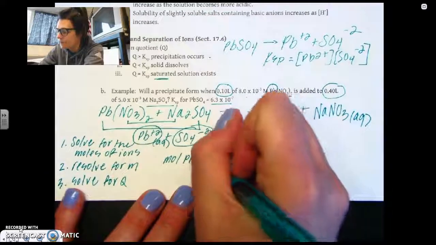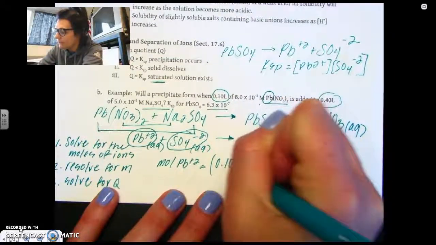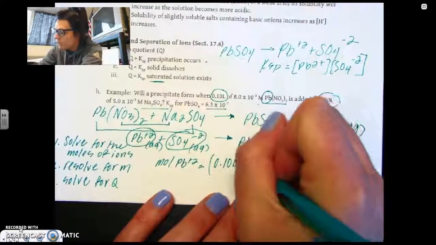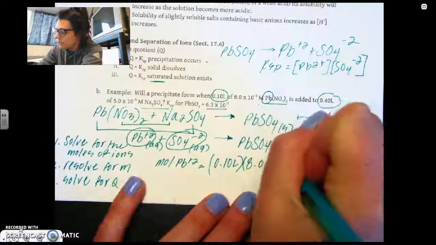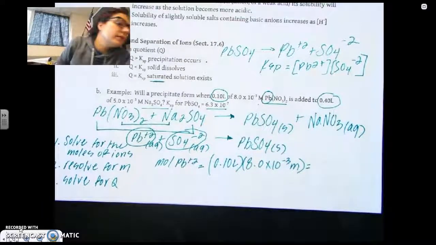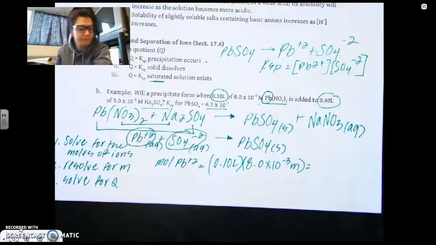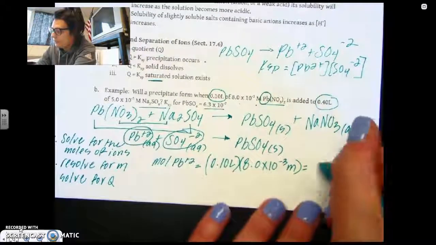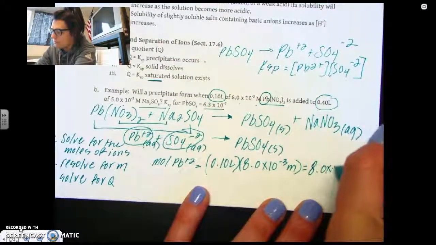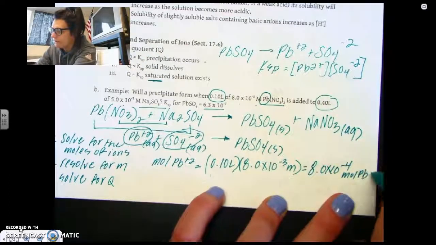So it's 0.10 liter times 8.0 times 10 to the negative third molar, which gives 8.0 times 10 to the negative fourth moles of lead.